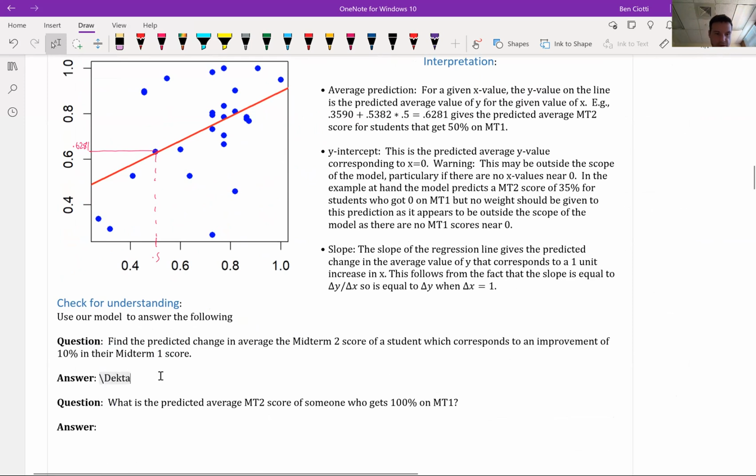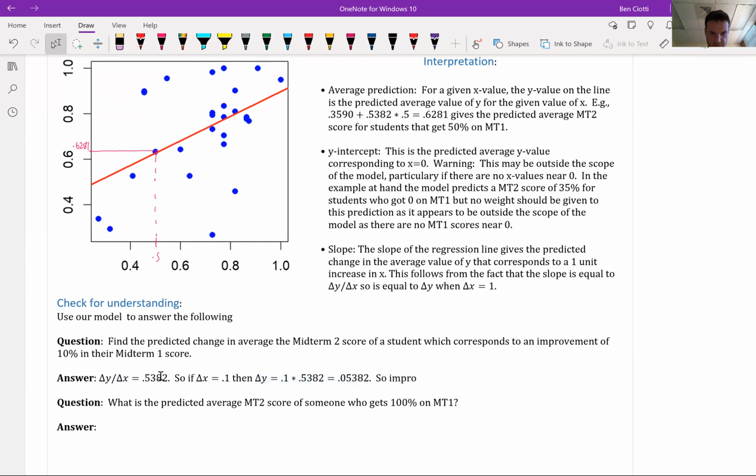So delta y over delta x equals 0.5382. So if delta x is 0.1, which corresponds to improving your midterm 1 score by 10%, then delta y would be 0.1 times 0.5382, which is 0.0532.